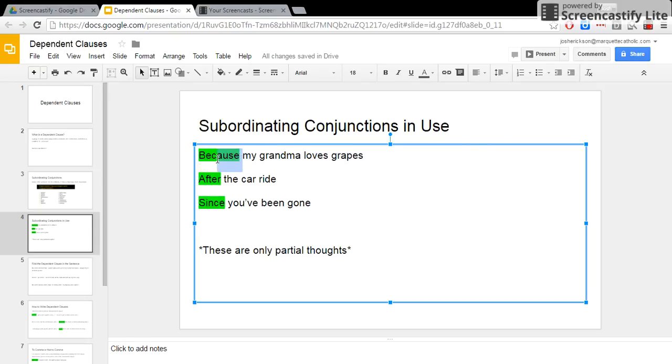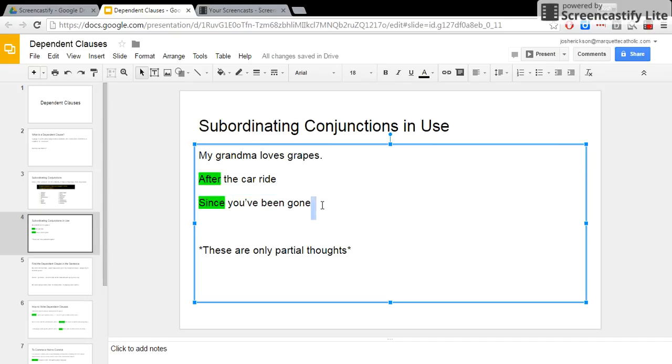If I were to just get rid of this, turn these capital, and put a period at the end, magic. It now is a complete sentence. My grandma loves grapes. There's a subject right here, my grandma. There's a predicate right here with loves. It's a complete thought. Same thing. This one's a little bit different, so it doesn't always work.